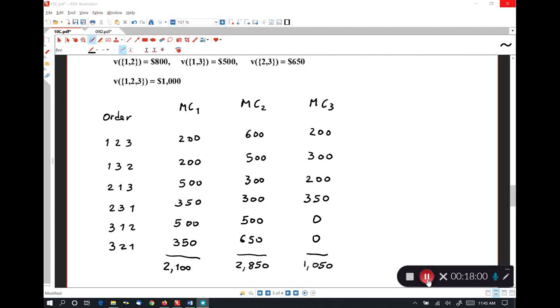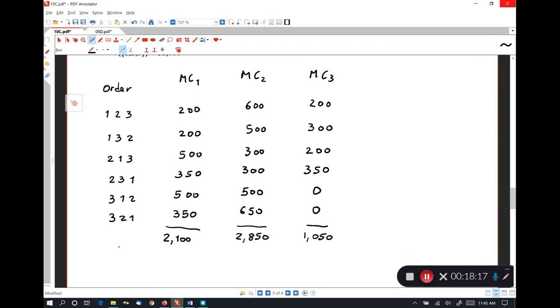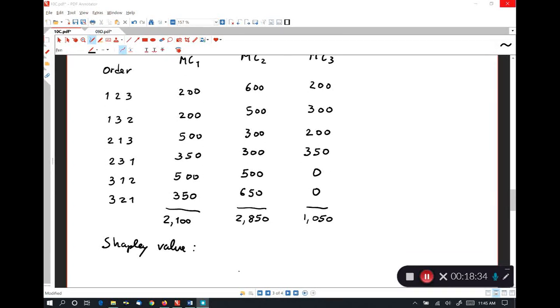Okay, so this is what you should have got. We have the usual 6 orders of arrival on the left, and then for each order of arrival we compute the marginal contribution of each player, and these are the values. And now the sum of the marginal contributions of player 1 is 2,100, so the Shapley value assigns the following payoffs.